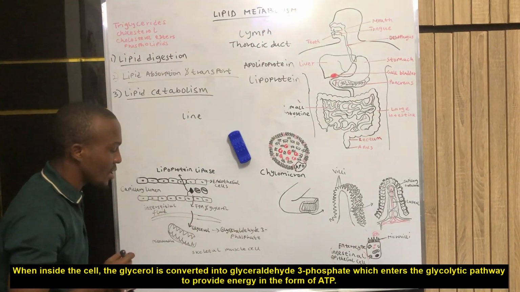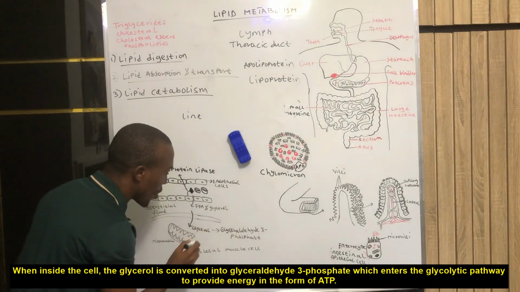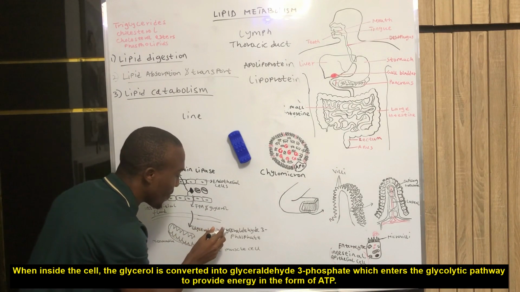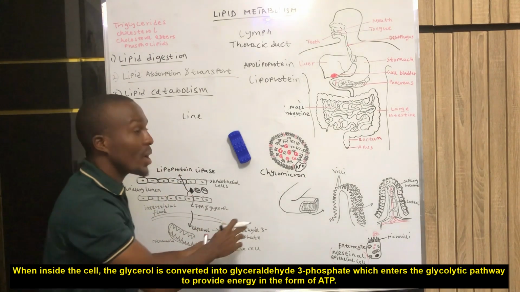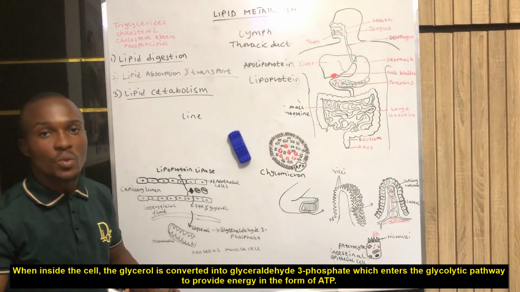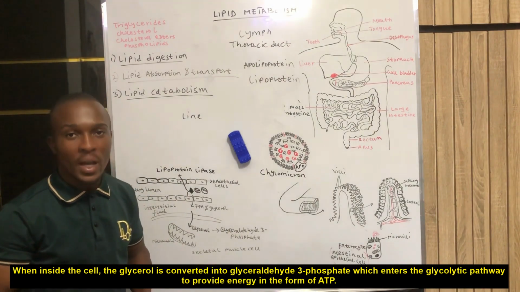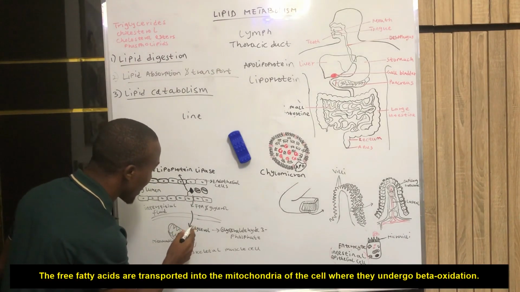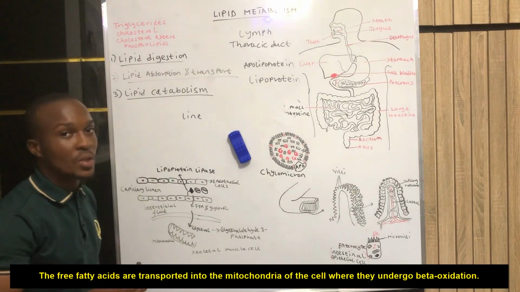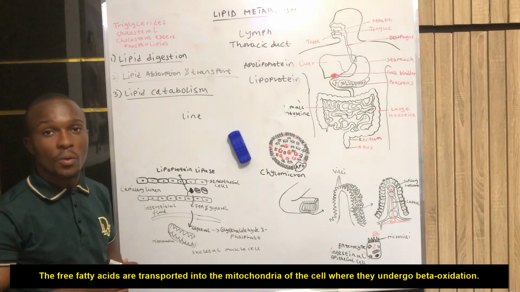Now, inside the cell, the glycerol is converted to glyceraldehyde 3-phosphate, which can enter the glycolytic pathway to provide energy in the form of ATP. As for the free fatty acid, it is transported into the mitochondria of the cell.